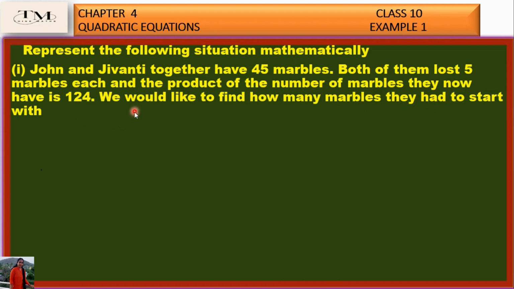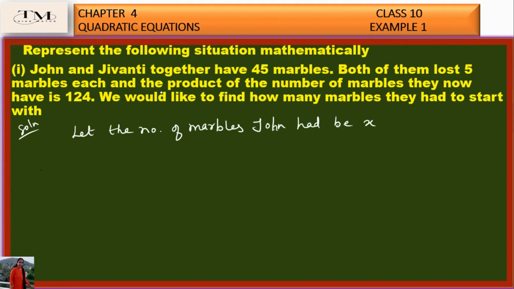Usually we will assume the quantity in the question. So what is the question? We have to find how many marbles. So let us assume the number of marbles John had as x. So John had x marbles.